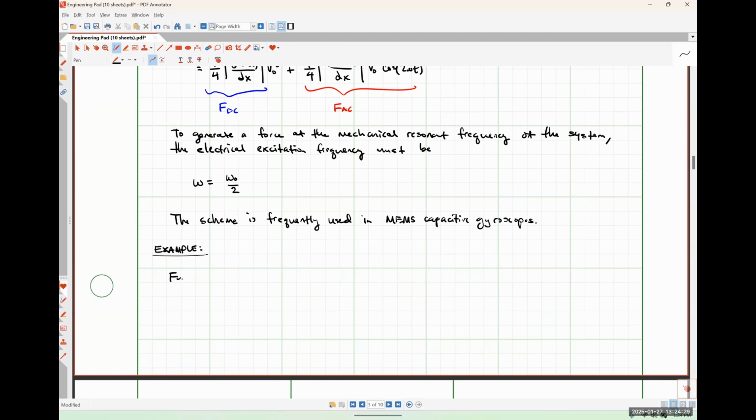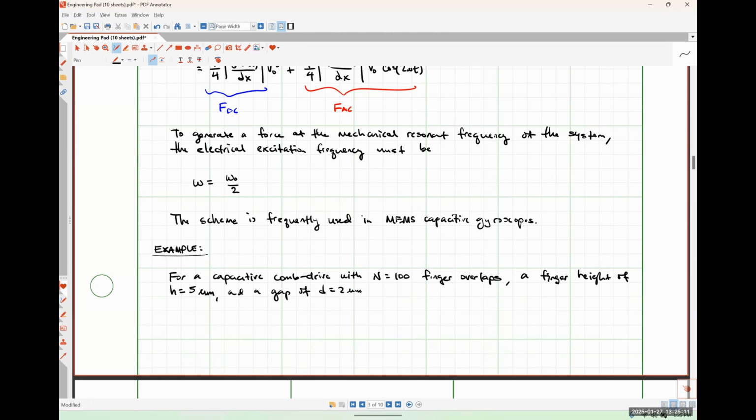Let's say that we have a capacitive comb drive with N equals 100 finger overlaps, a finger height of H equals 5 microns, and a gap of D equals 2 microns, the same one that we were working with earlier.